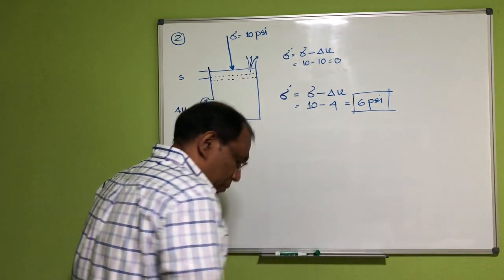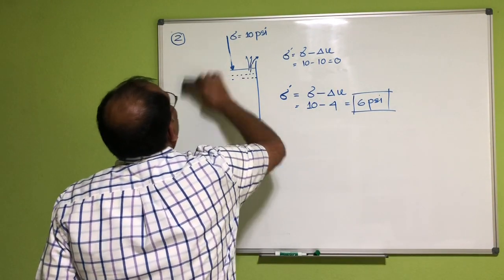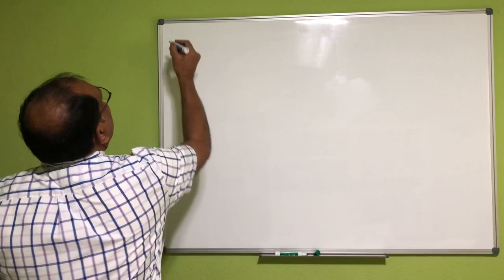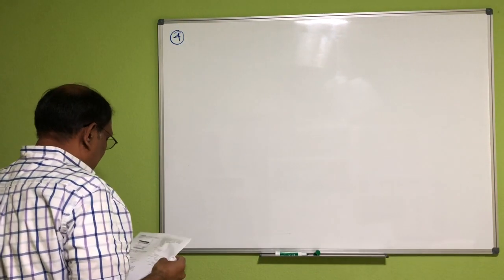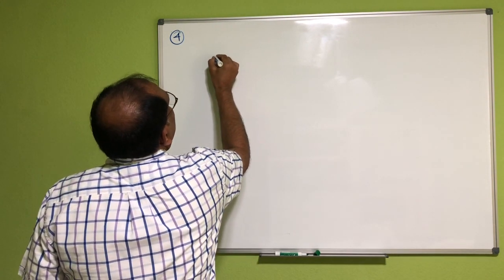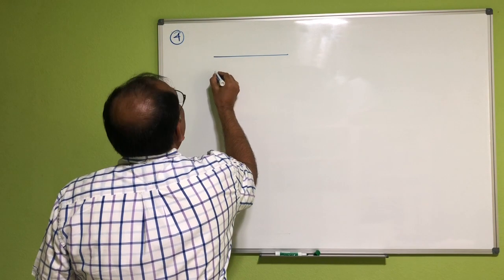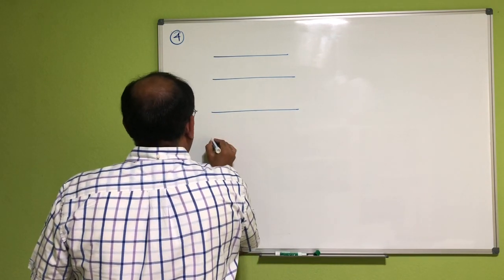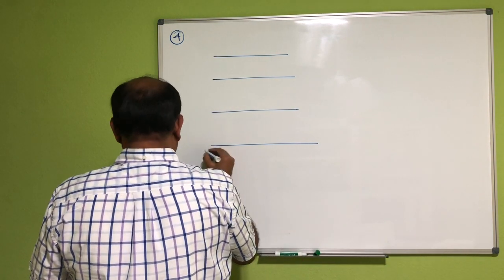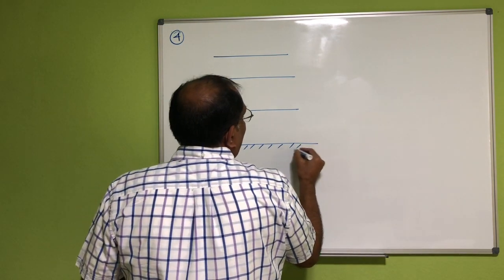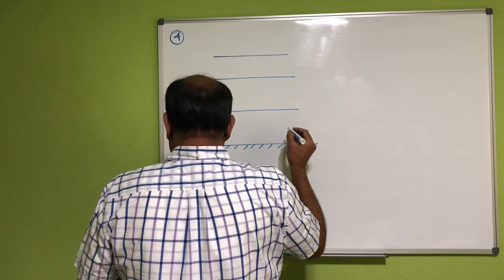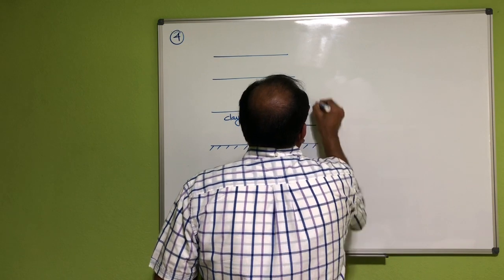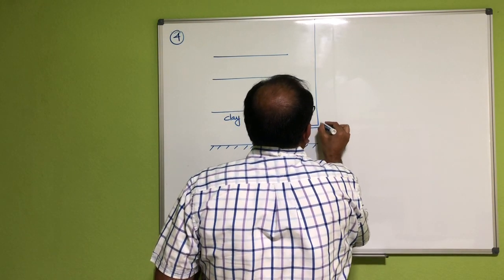Number 4. A soil profile is shown here. So this is basically your clay, and you just put a piezometer here.